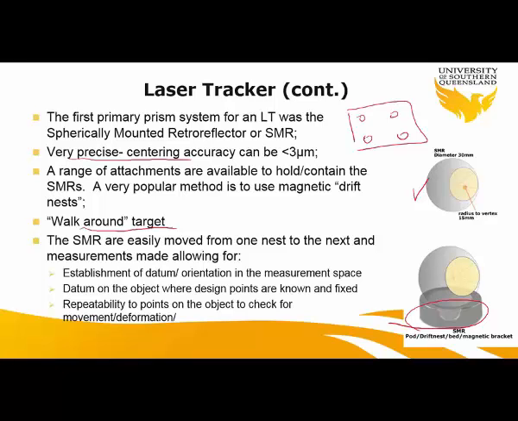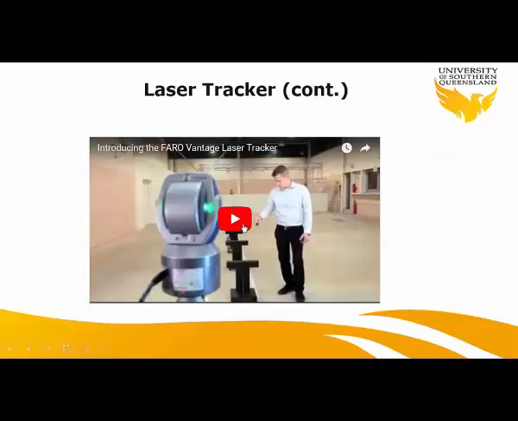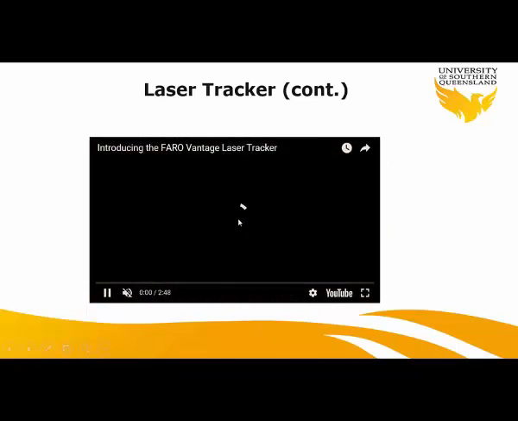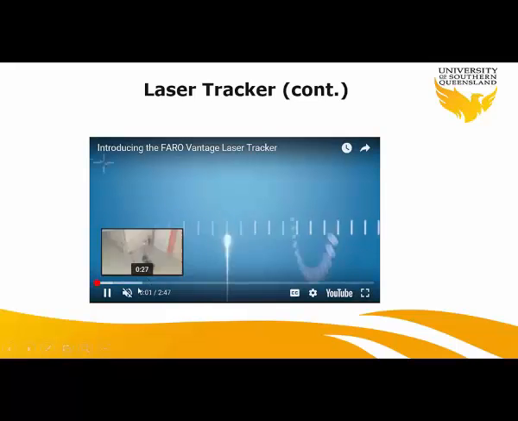It's a very useful tool for monitoring, and it gives you very precise accuracy. I'm going to show you the laser tracker video and how it's operating. I found the video is very useful, and it gives you an insight about the whole system. Let's watch it together.